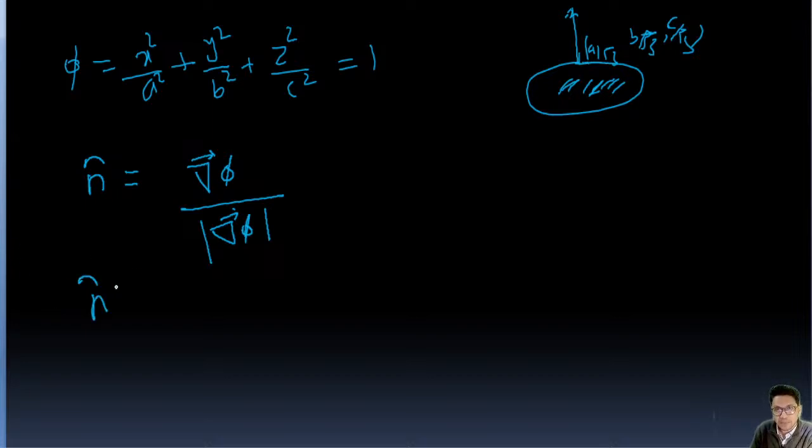So n cap is going to be, first we'll find gradient of phi. The calculation is lengthy, so we'll find gradient of phi first, then put the value in equation 1.